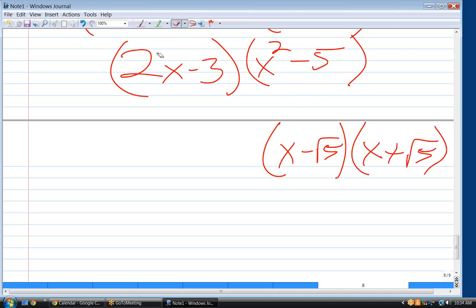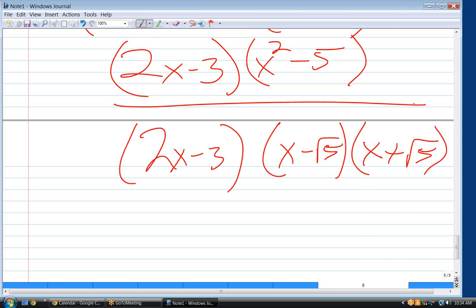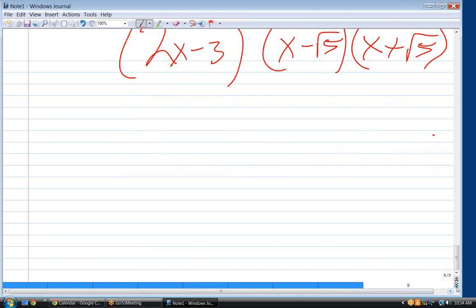Any difference of squares factors into the square root of that minus square root of that and the square root of that plus square root of that. But like I said, I don't know if your teacher wants this as the final answer or would settle for that. It's probably settle for that, since they do tend to teach you difference of perfect squares, and they don't apply the difference of squares until you get to calculus or something. Okay? All right.